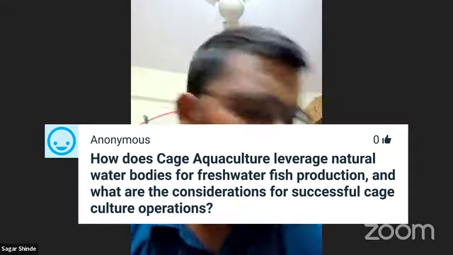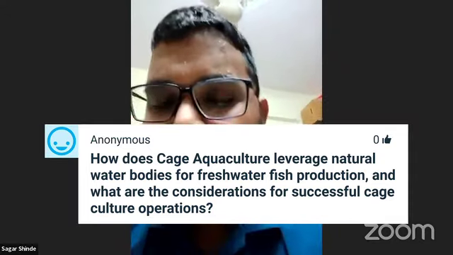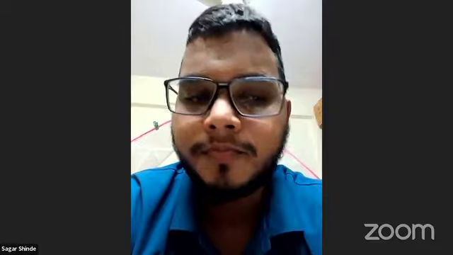Okay. So yeah, cage culture is being taken up in India very vastly. In cage culture, we stock our fish in very high numbers. For pangasius, we stock fry at the rate of around 500 per cubic meter, and we aim to get a production of around 4 tons from a single cage.